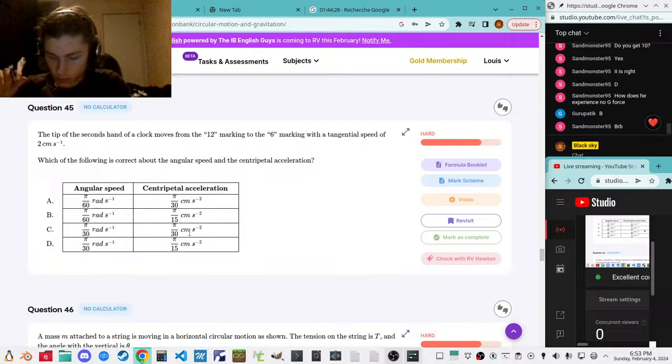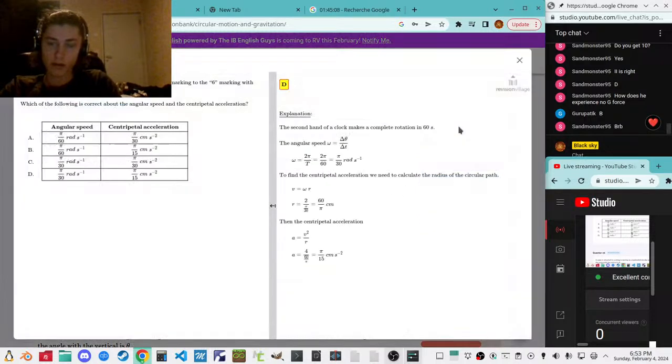Centripetal acceleration shall be 2 squared, 4, divided by r. 2 divided by this thing, it's gonna be 60 divided by pi. 4 divided by 60 divided by pi equals pi divided by 15. Thank you for being an answer. D.